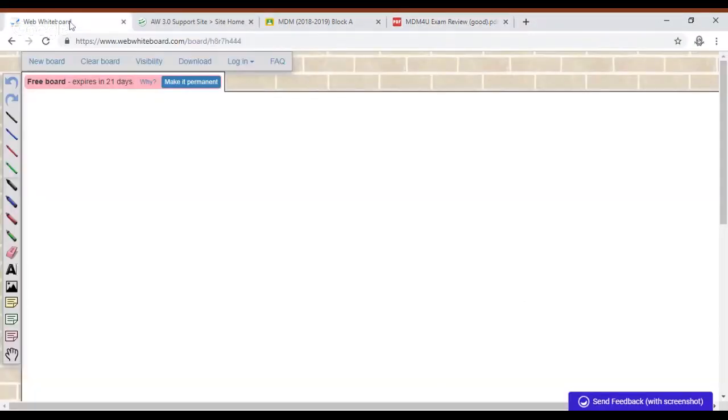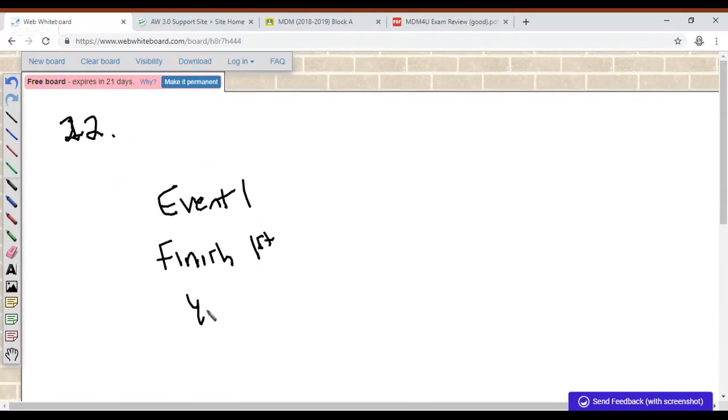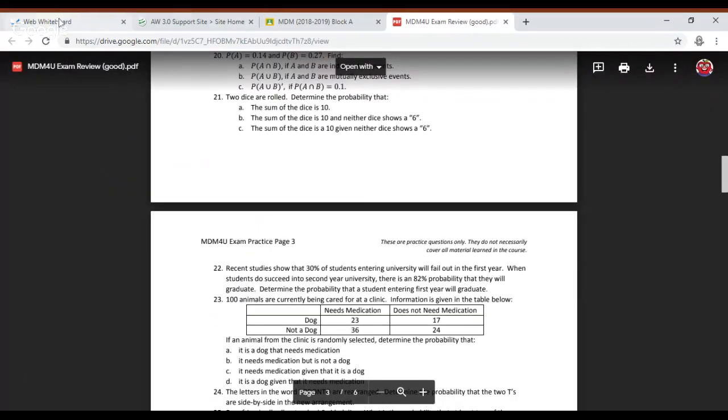Okay, so in question 22, in order for someone to graduate, there are 2 events that need to happen. Event 1 is they need to finish first year. And event 2 is then they need to graduate. So the probability that they finish first year, we are told in the question that 30% fail out.